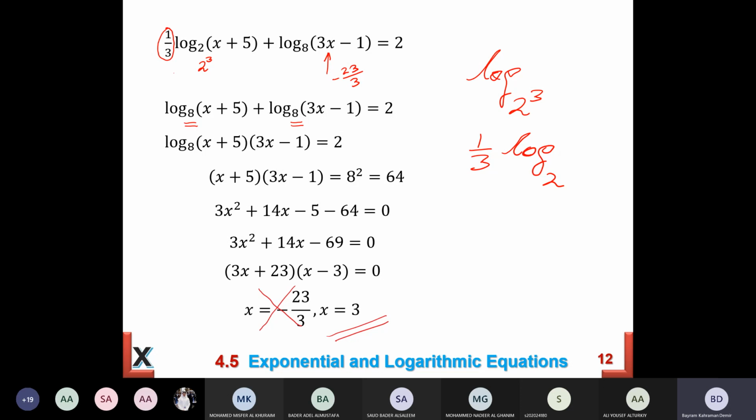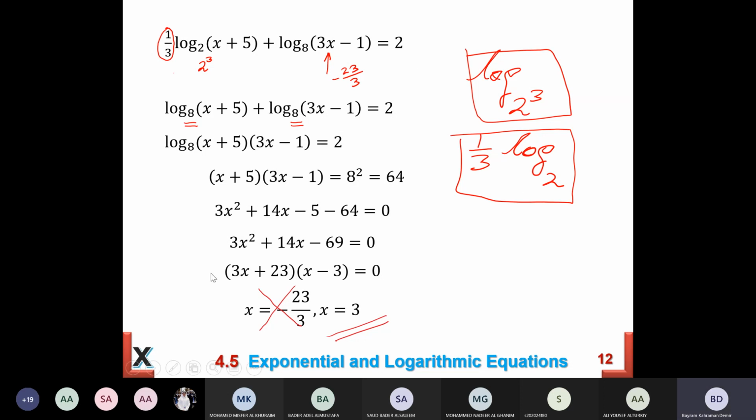This is the property of base having a power. All right. So this one is the same as logarithm with base 2 power 3, which is 8. Okay, basic principle of base, Shabab.